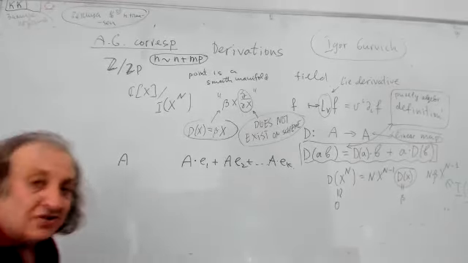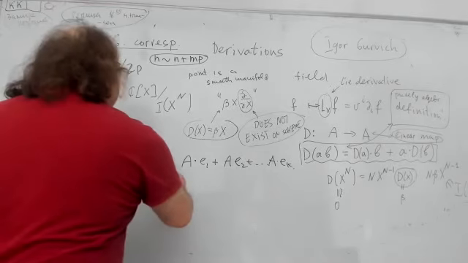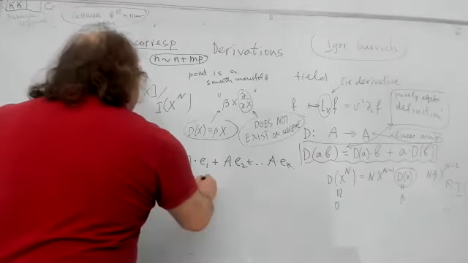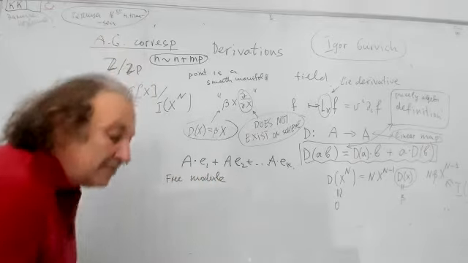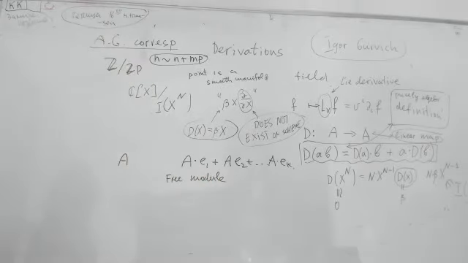This thing is called free moduli. Free module. Okay. People forget about this modulus. Free module. And from this bad teaching of linear algebra at the beginning, students keep in mind that all modules are like this.